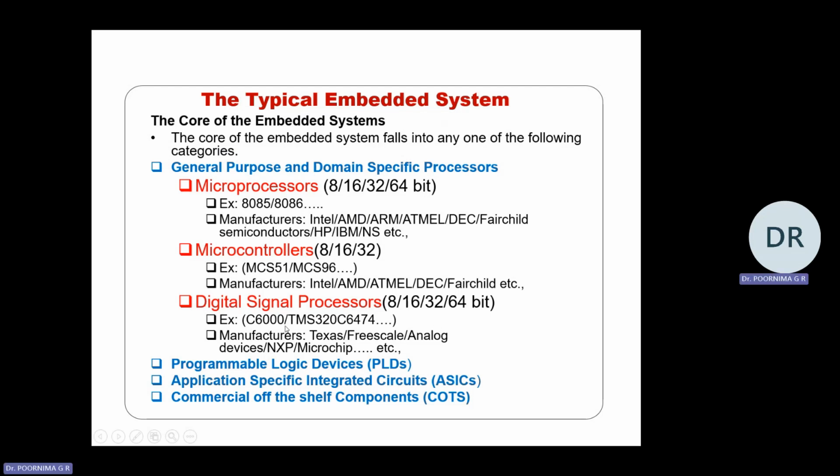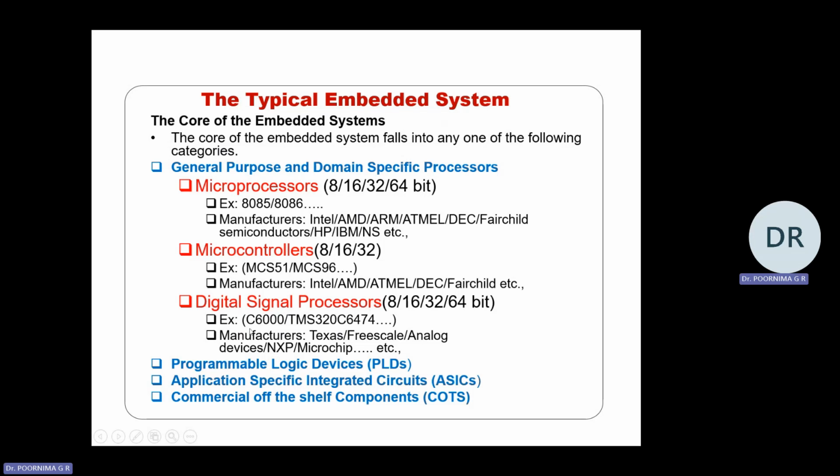The embedded system CPU can also be designed with digital signal processors. Examples of these digital signal processors are C6000, TMS320, C6474, etc. These are also available in 8-bit, 16-bit, 32-bit, or 64-bit.